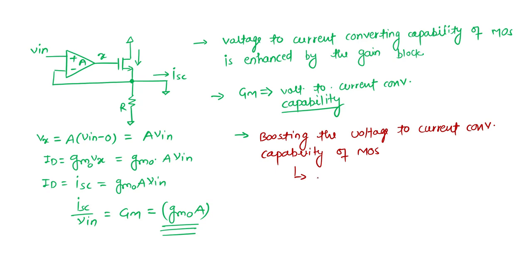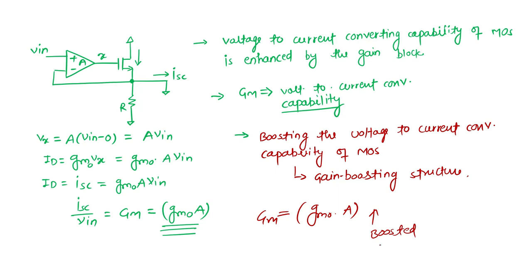Hence it is also known as a gain boosting structure. Whether it is a current gain or voltage gain, we are boosting the transconductance by the factor. The transconductance for the block is this, but we boost it with the gain factor A. So this is the net transconductance for the structure. So it is boosted.